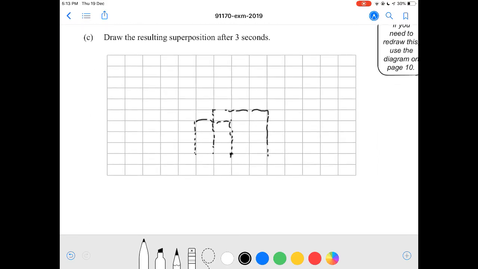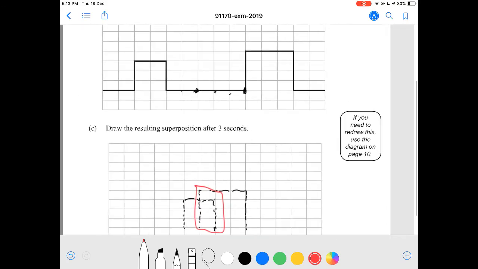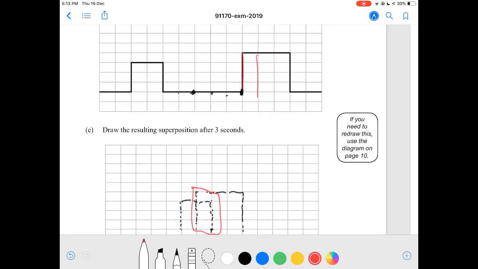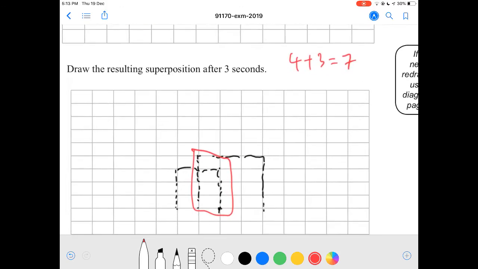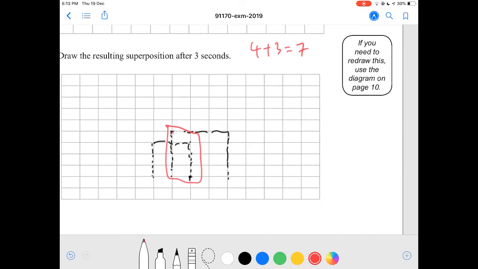As you can see, the only area that's resulting in the superposition is this area here. This area has a 4 block wave here and a 3 block wave here. Because this is in the same phase, constructive interference will occur, and hence the waves will add up and we'll construct one stronger wave. So 4 plus 3 is 7. Your resulting wave at this particular area will be 7 blocks high.